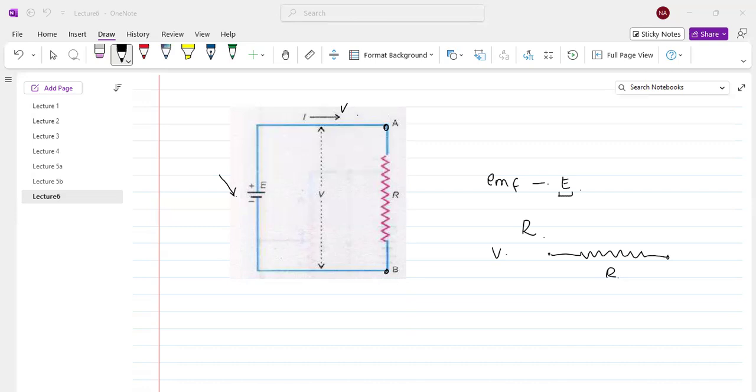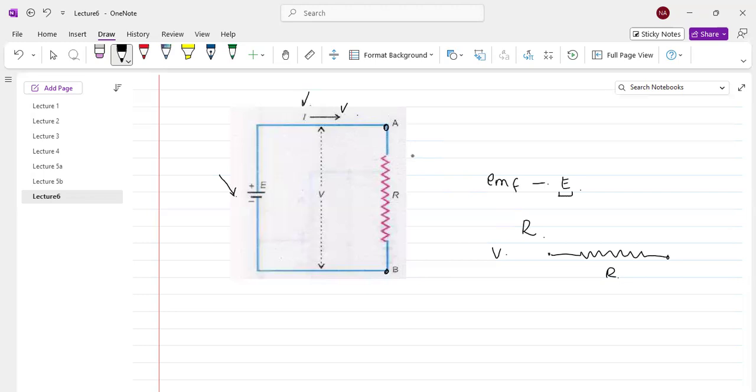Let me explain what is happening. Actually, what is meant by the current?